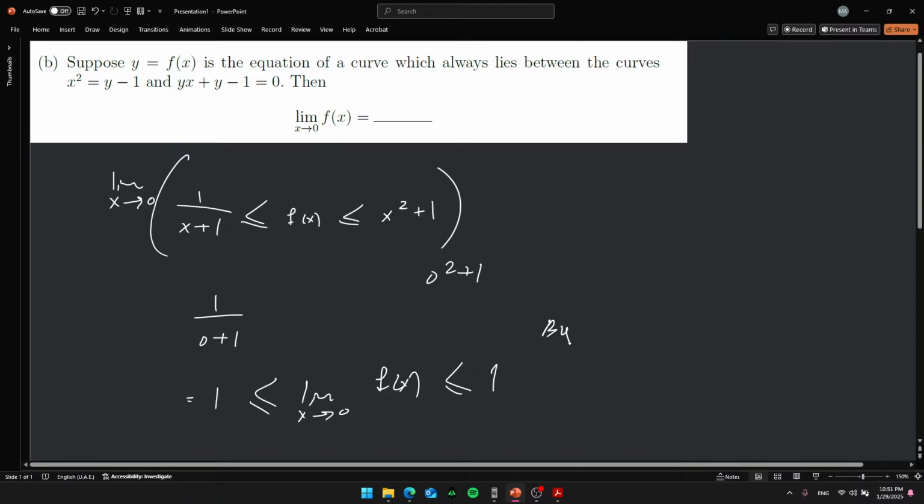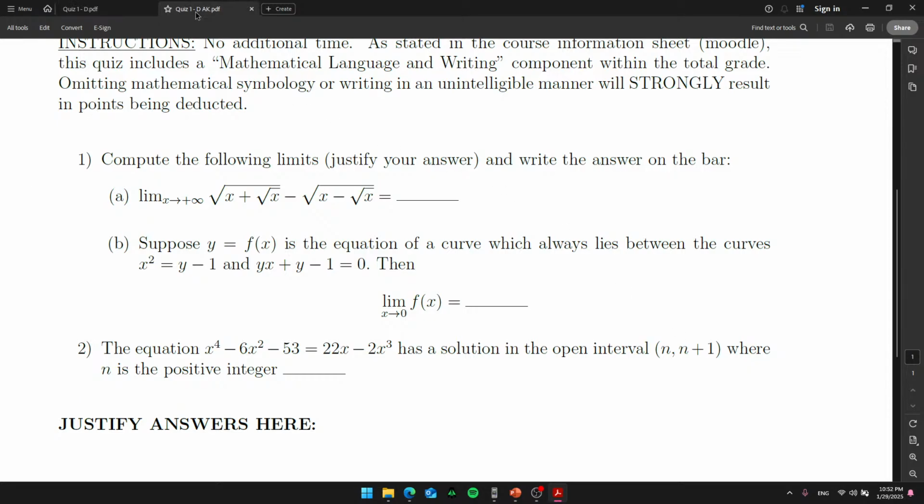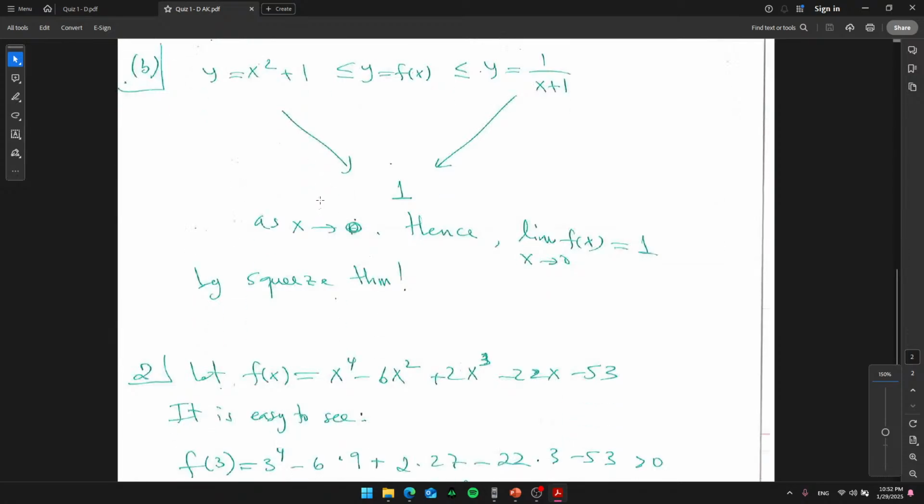So by using the squeeze theorem, limit as x approaches 0 of f of x equals 1, hence by squeeze theorem.